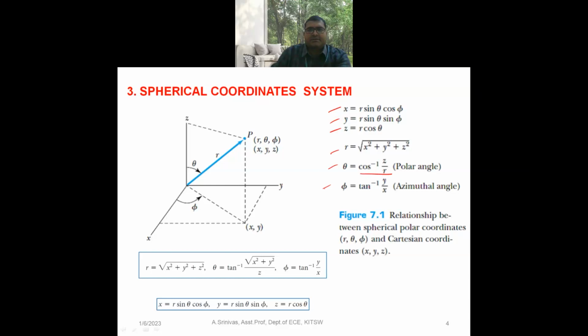Here the relation is in terms of cos. In terms of tan, theta is tan inverse of rho by z, rho is equal to root of x square plus y square, and phi is tan inverse of y by x. r, theta, phi.